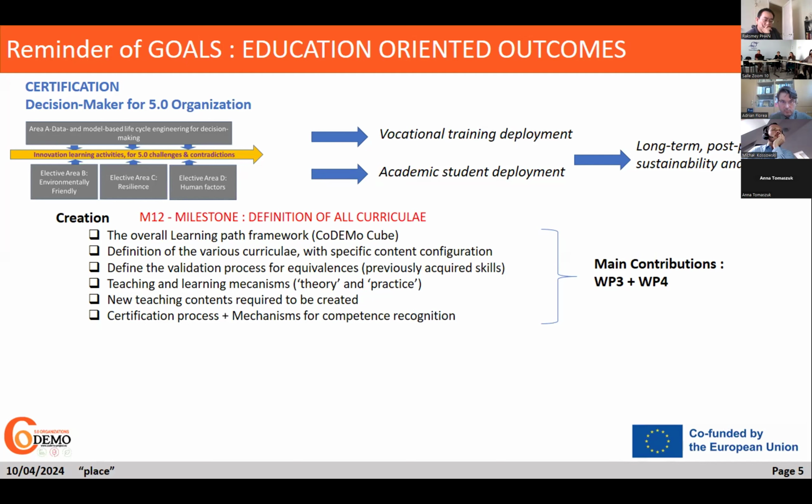And all that will make possible to create a certification process, which has to be also technically created, together with mechanisms for competence recognition. So not only deliver certification, but how to get into a recognition process and a community of practice linked to 5.0 organization. So these are our objectives for educational issues.